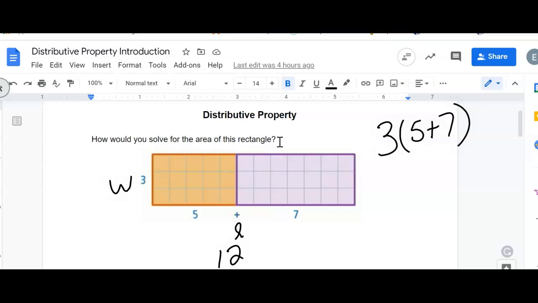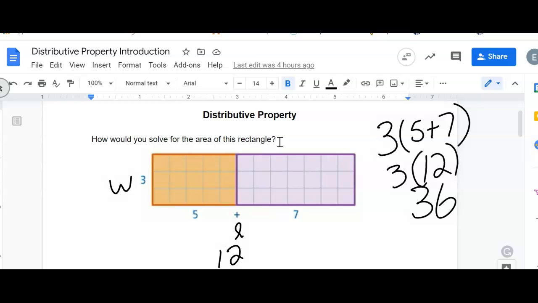What would we do first to solve this problem? 5 plus 7, because it's in parentheses. Then we would do 3 times 12, which is 36. You've solved for the area using the numerical expression and the order of operations.